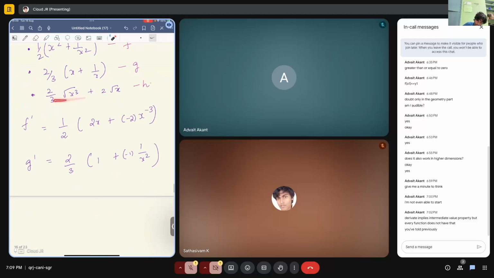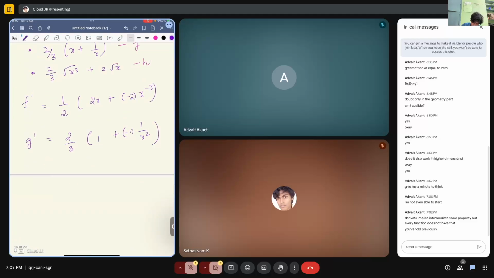So let's look at the third function. Let me just write what h is first. h is x power 3 by 2, no, not 2 by 3, this is 3 by 2, plus 2 times x power 1 by 2.